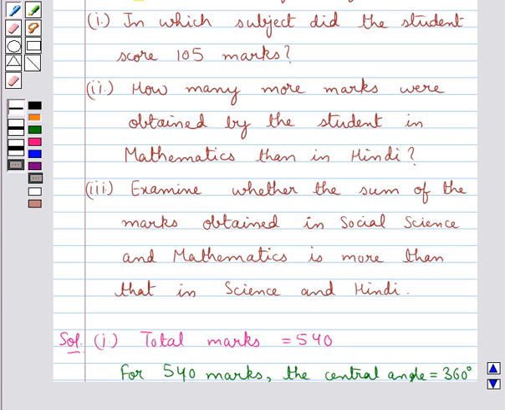Let's answer the next part of the question, which says, how many more marks were obtained by the student in mathematics than in Hindi? We will find out the marks obtained by the student in mathematics as well as in Hindi, and their difference would give us the answer.